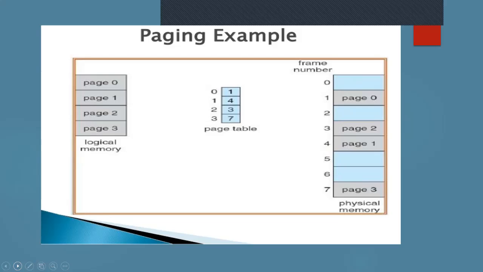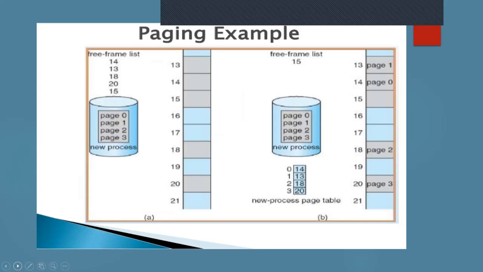So this is the diagrammatic representation. I think the diagrammatic representation is clear. This is a paging example. Free frame list is there.